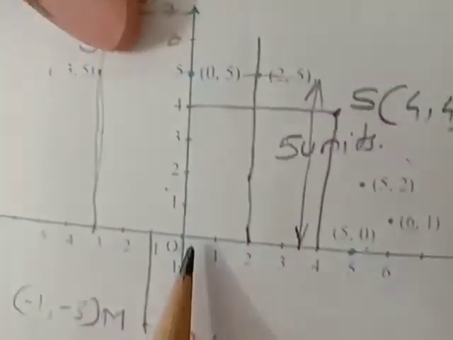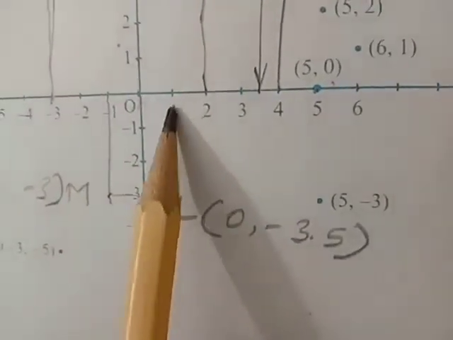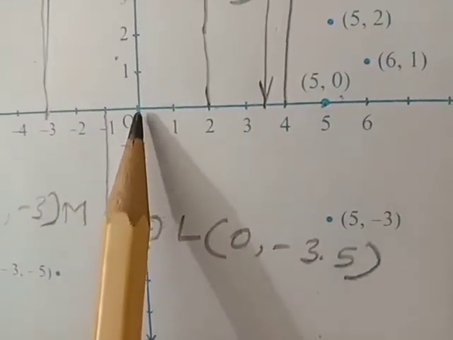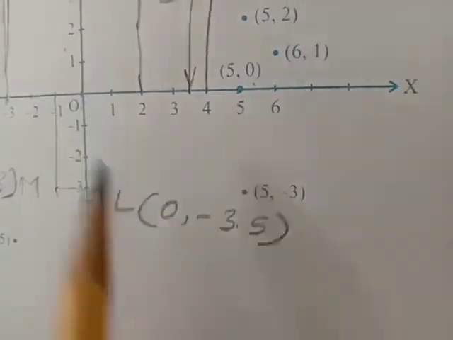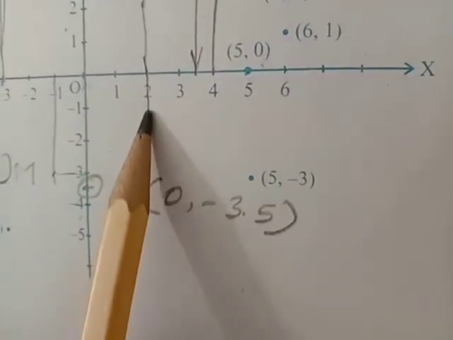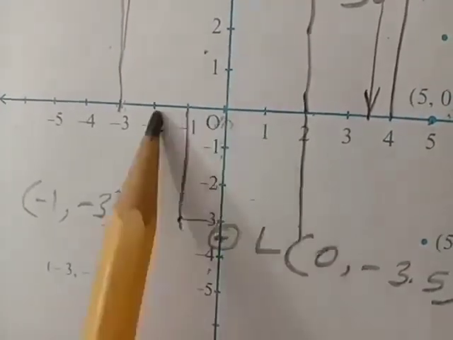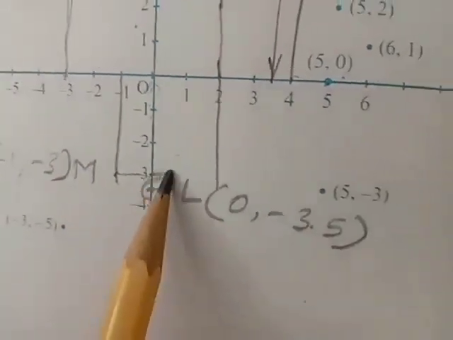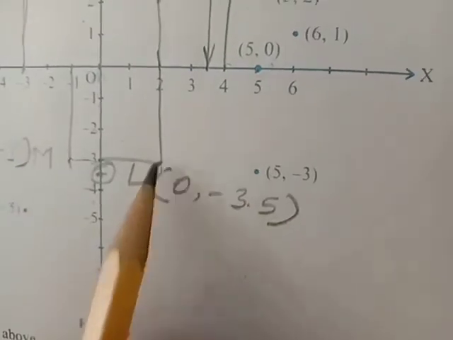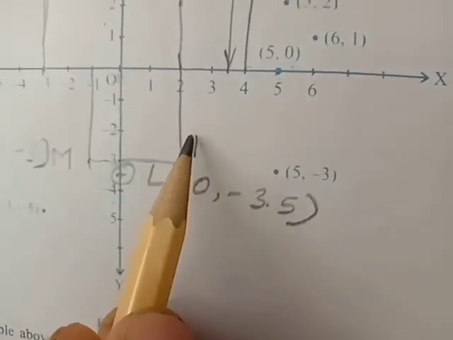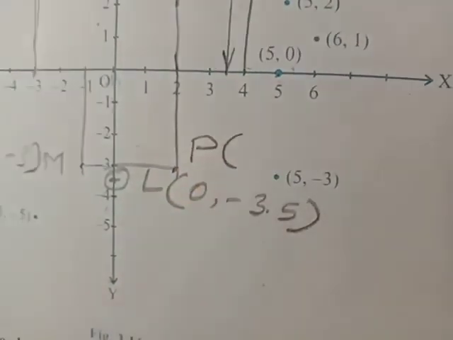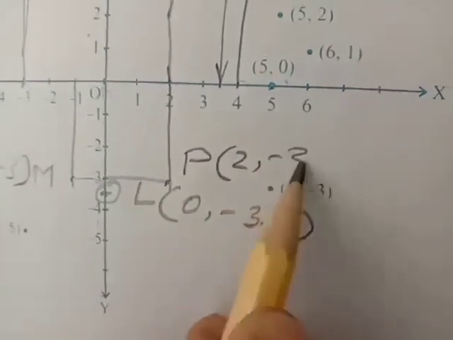So 2 is plus, so you have to measure from the y-axis 2 units, draw a perpendicular line. And what is the y ordinate? It is -3, so it is below this 0. So -1, -2, -3 from the x-axis, draw a horizontal line. And you can name this point P. The ordinates of that are (2, -3).